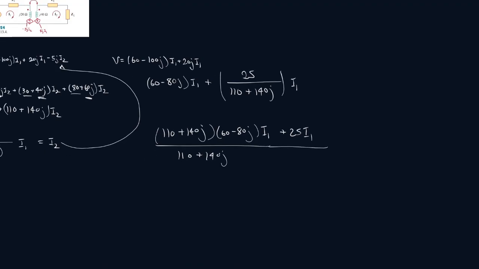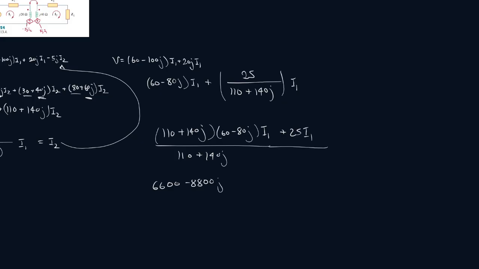So next we have to add all of this together, so we're going to distribute everything. 110 times 60, that's 6,600. Then minus 80J times 110, that's minus 8,800J.